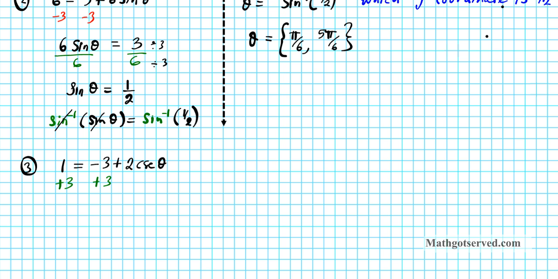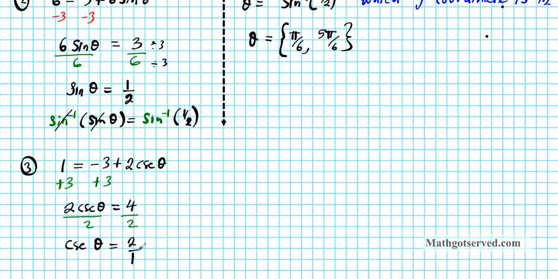Using the reflexive property of equality, we'll have 2 cosecant theta equals 4. Now to get rid of this 2 that's been multiplied by the cosecant function, we'll divide both sides by 2. And that yields cosecant theta equals 2 over 1.